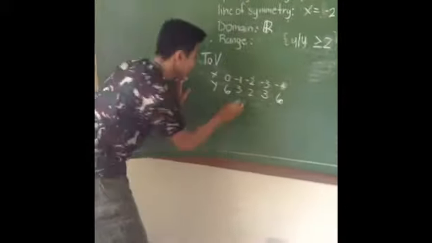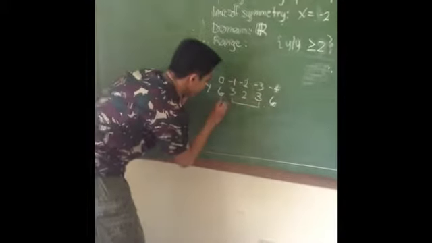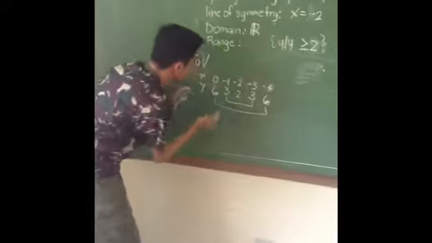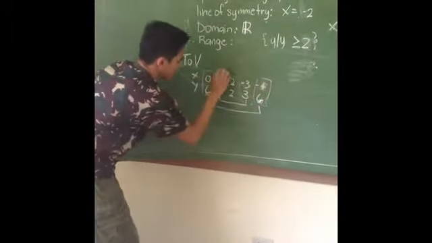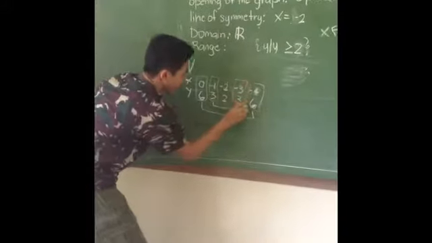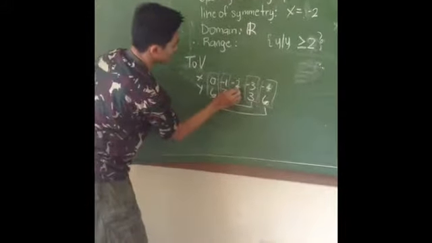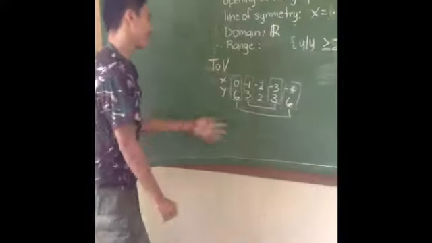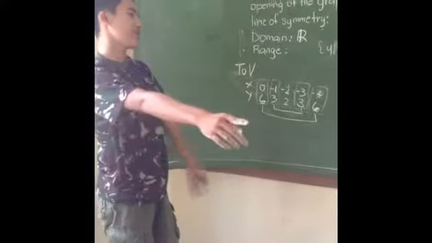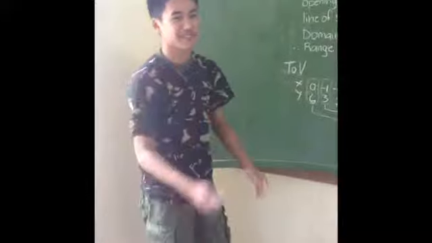Now we will see that they are the same. As in these two vertices are partners. This is the only point, the vertex, where the graph starts. Now, Karine will graph now our vertex form.